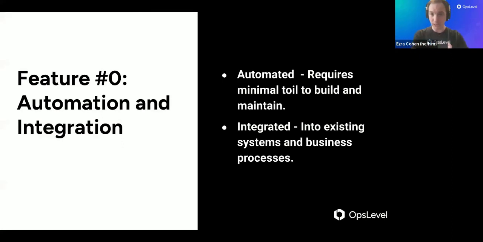So when you write a check in your IDP to ensure your services are using a minimum viable language version or don't have X number of critical vulnerabilities in Y period, that should be part of an operations review. That should be part of performance. That should be even integrated into your CI/CD, right? It should be part of the story of what it means to build and deploy software at your company. So automated, integrated. Okay, that's going to be true for all the features we're going to talk about next. That's why it gets to be feature zero.